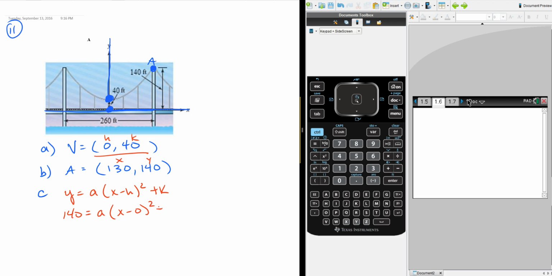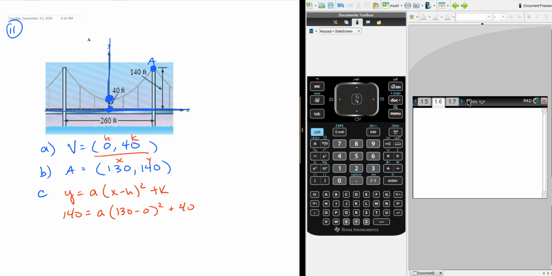Sorry, I said x at first, but we know what x is, it's 130. And k is just 40.